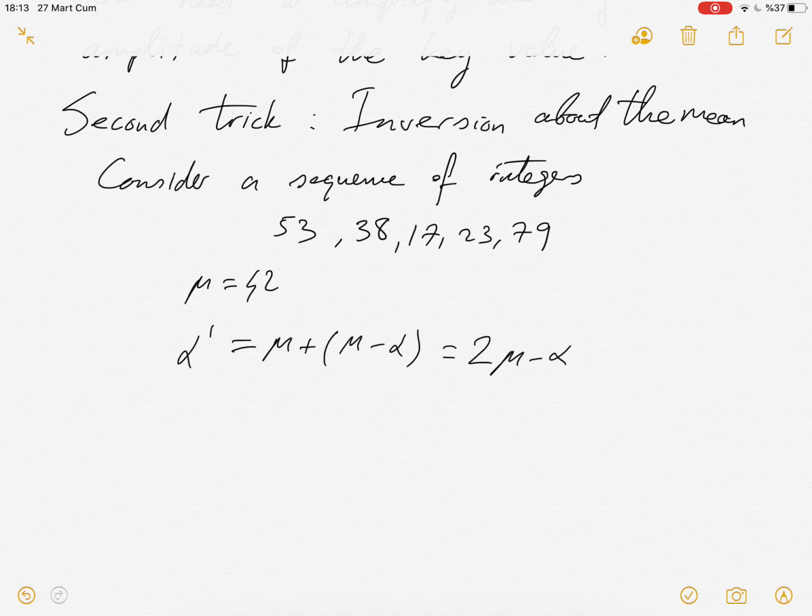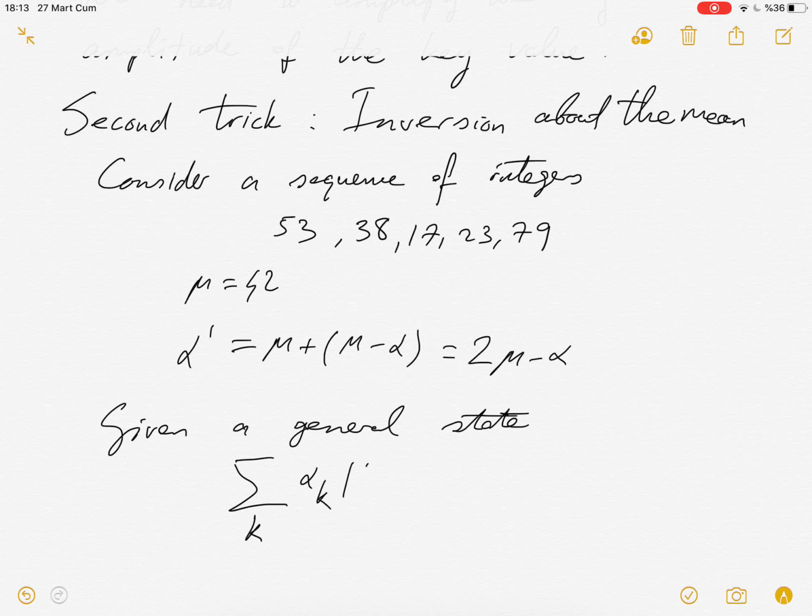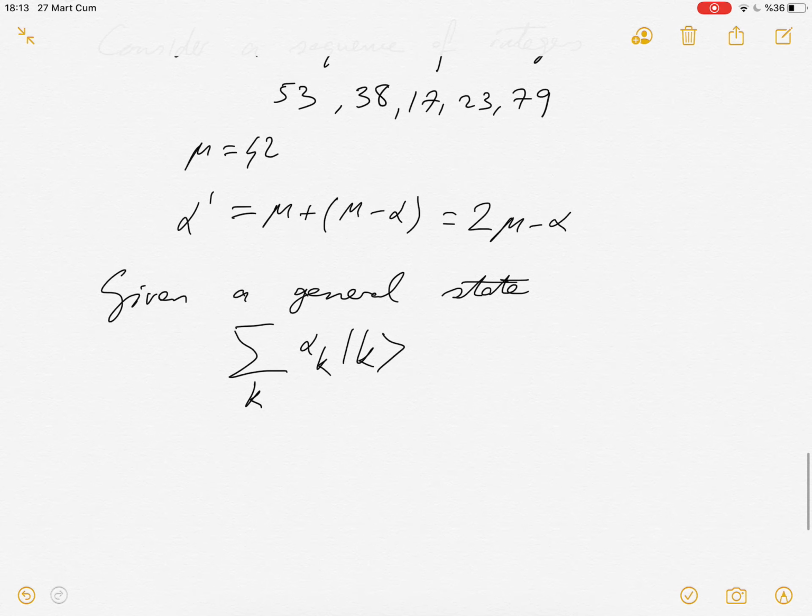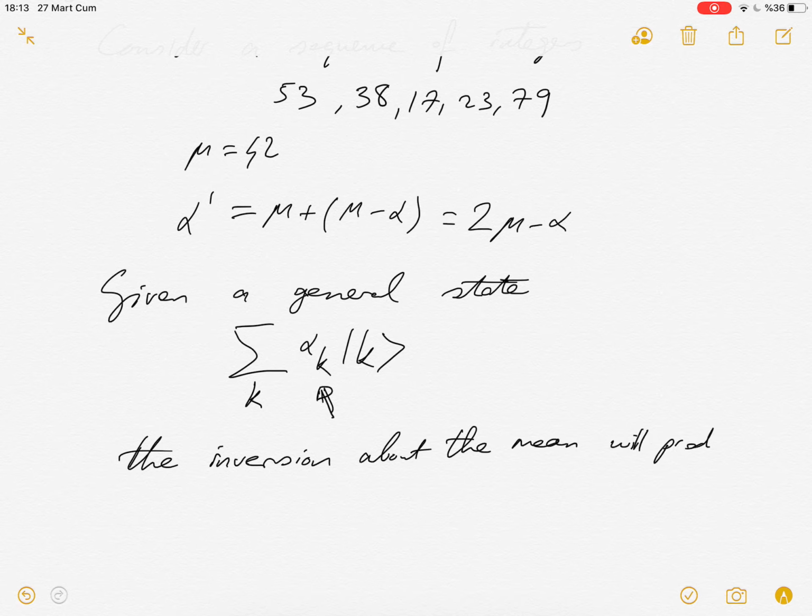So if we are given a general superposition state, the sum over k of alpha k ket k, the inversion about the mean will change the amplitude of each state and produce the sum over k of (2 mu minus alpha k) ket k.